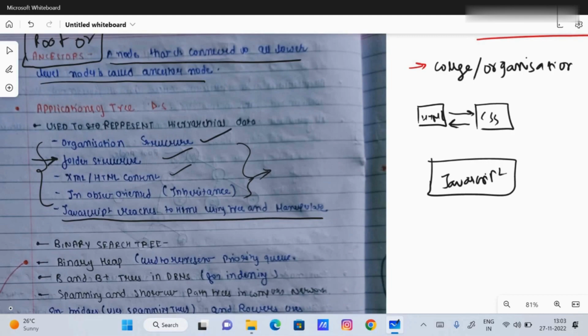But there is no direct way to connect HTML, CSS with JavaScript. So in that manner, we would recommend to use tree data structure that will directly show a relationship and will connect these both. Okay. So directly they are not interrelated. We have to add tree data structure in order to do that.